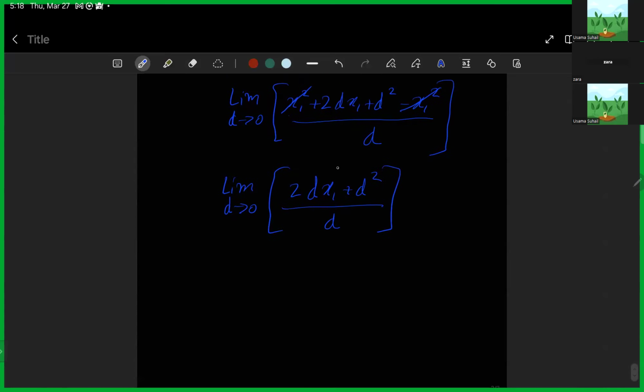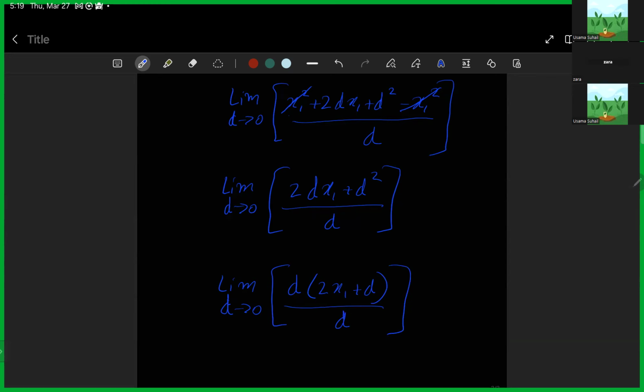From here, can I take d common from the numerator? Yeah, I can, right? So limit d approaches 0, taking d common from the numerator, we get d times 2x1 plus d, whole divided by d.